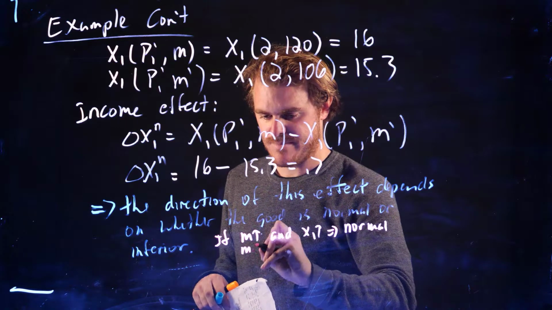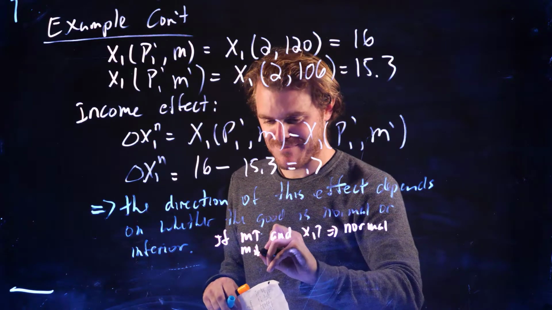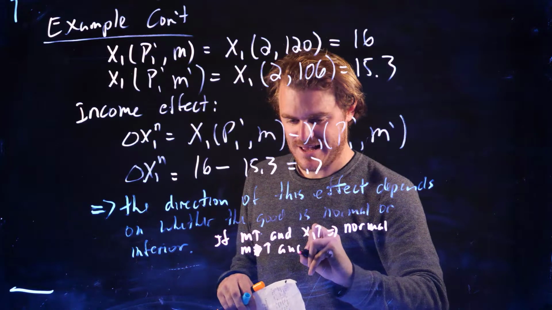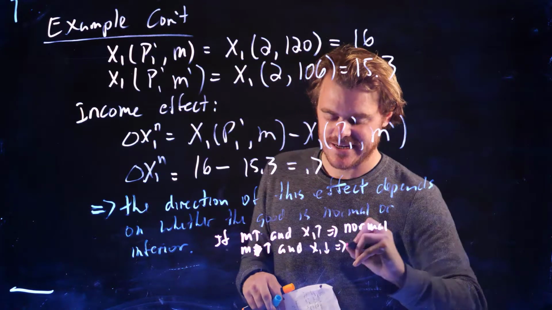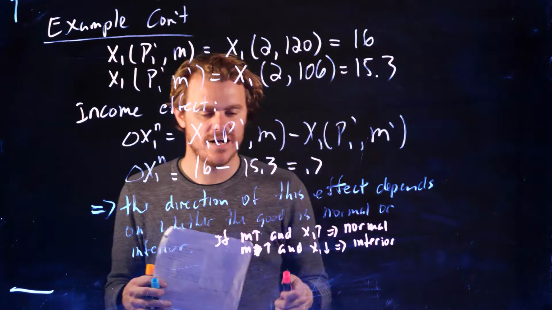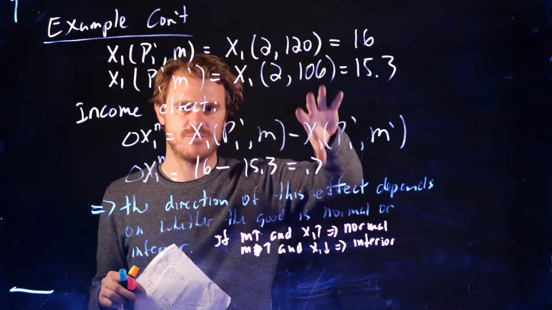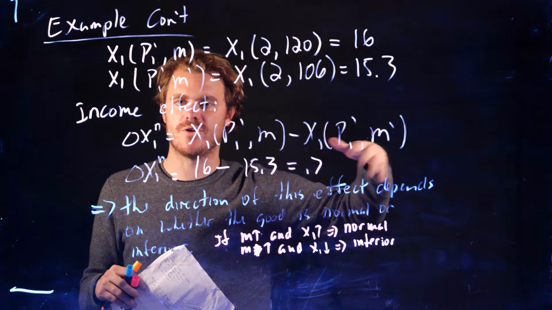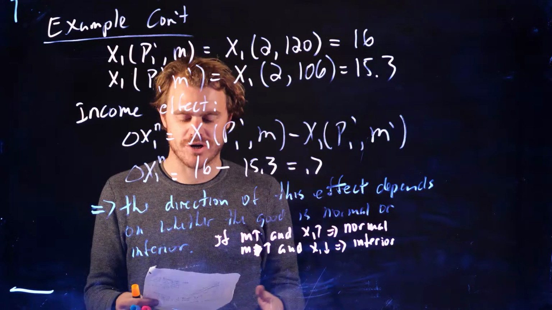And if m goes up and x1 decreases, that's an inferior good. So it depends how you're adjusting income in terms of figuring out whether to classify it as a normal or inferior good.